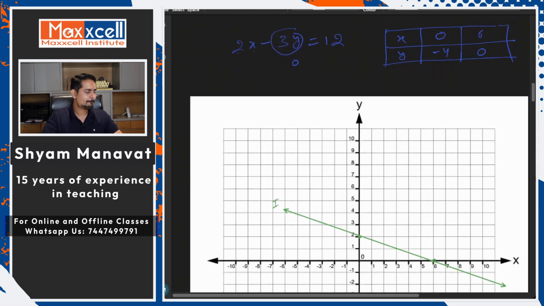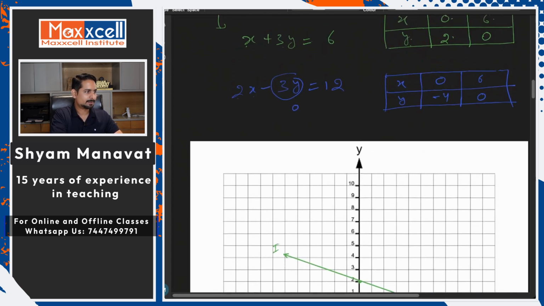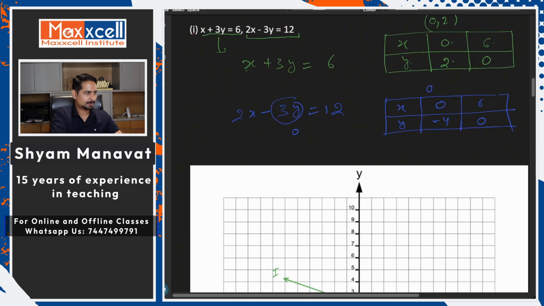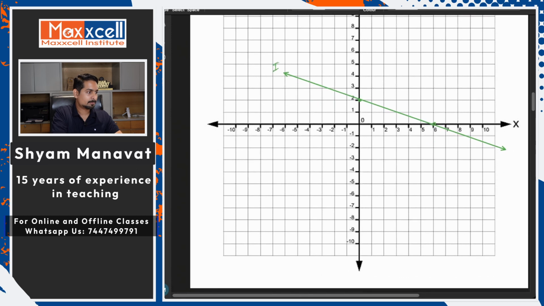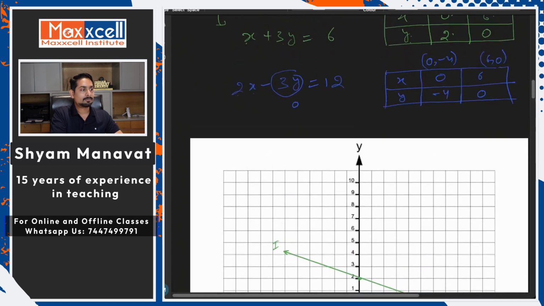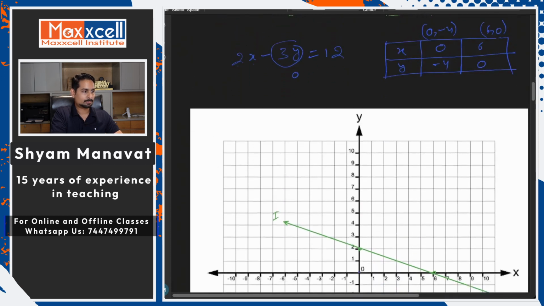Shall we draw this? The first point coordinate is 0 comma minus 4, and the second coordinate is 6 comma 0, x comma y. First coordinate 0 comma minus 4. Where is that? 0, and on y the value is minus 4. For the second point, 6 comma 0.